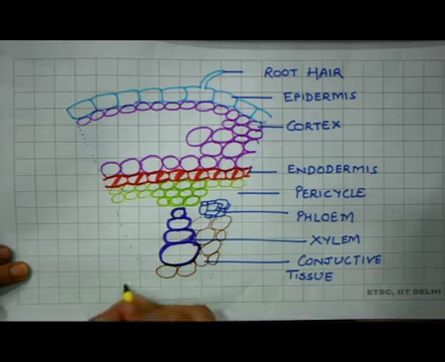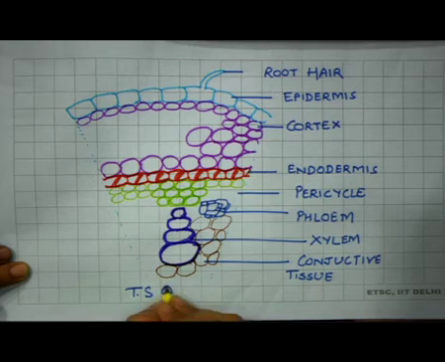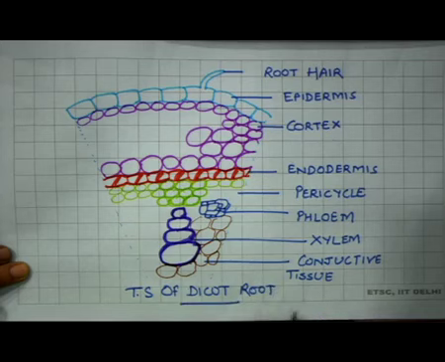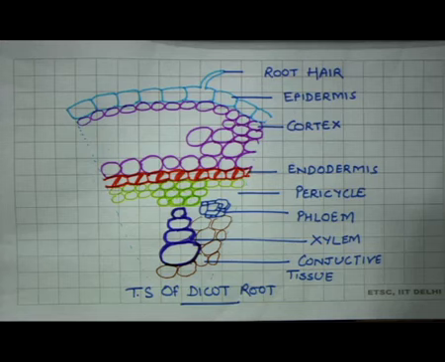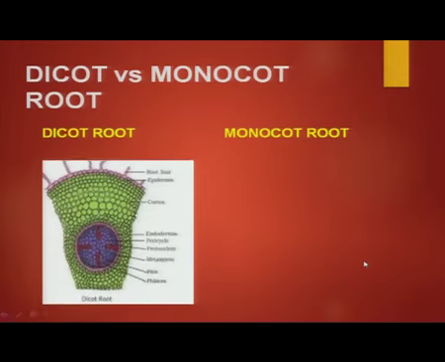This is how we can draw the TS of a dicot root. If you practice drawing the cells, it will become very easy for you.